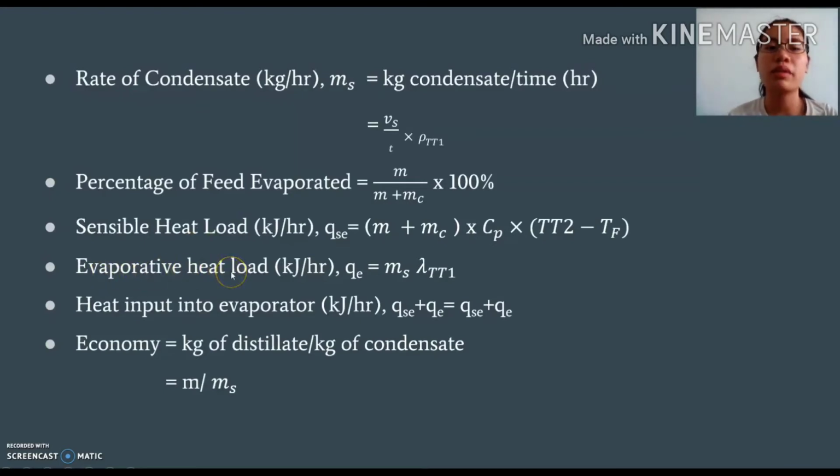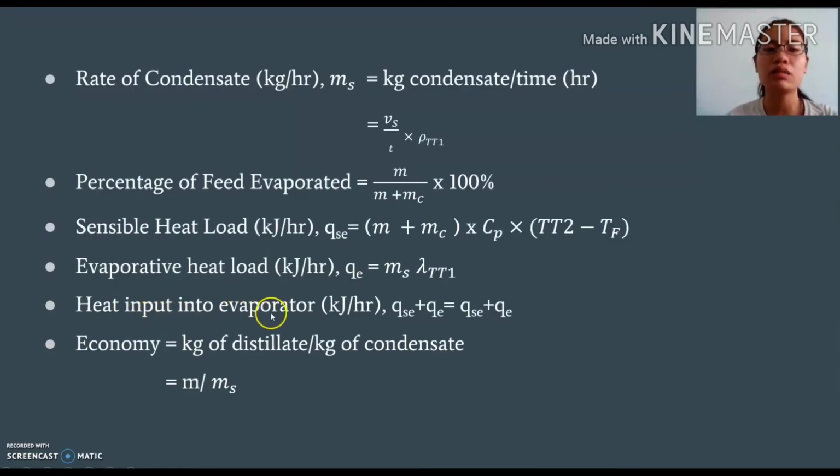And the next one is evaporative heat load, which is how much heat is required to evaporate the water at this mass. Ms is the mass of steam condensate, and lambda is the latent heat at Tt1, the steam temperature.